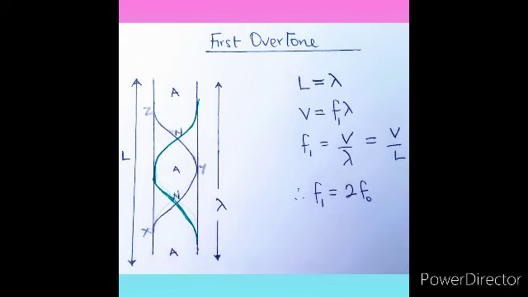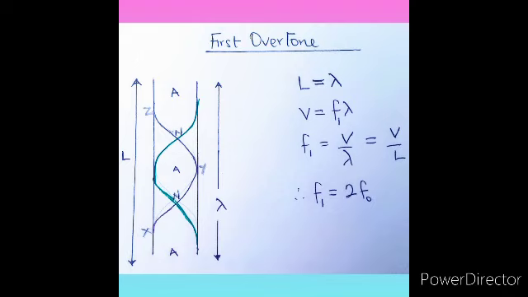The first overtone. The diagram we have illustrates the vibration for the first overtone. You can see that we have the length still remaining L, but this time we have an overtone between N and the other N. So L, the length, still remains the same.